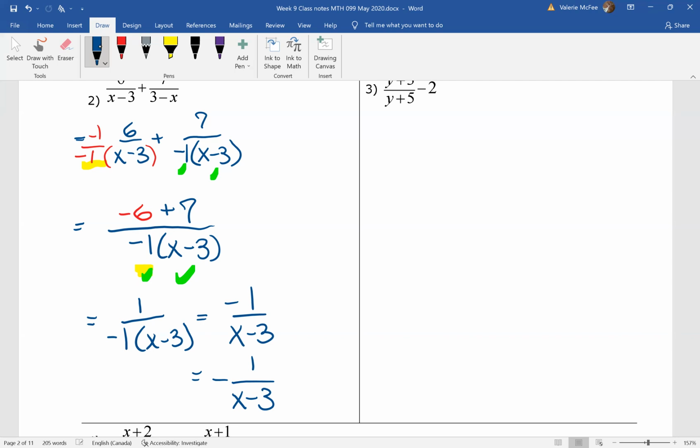I hope you also remember we said that when we have opposite factors, they will have the same restriction. We see that x cannot equal 3. If I put a 3 in here, 3 minus 3 would give me 0.